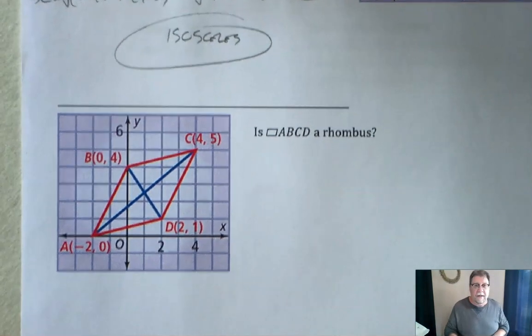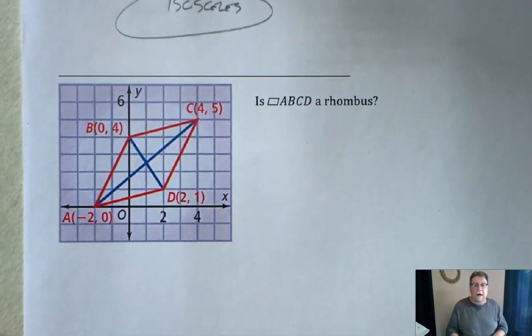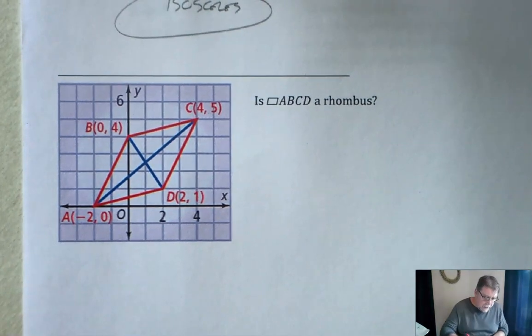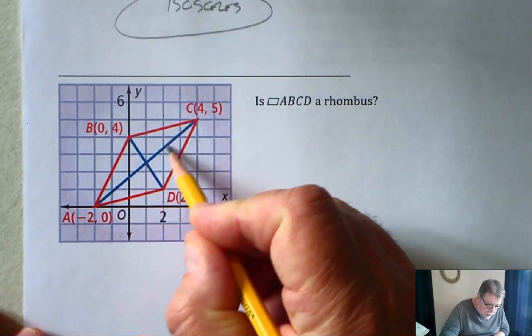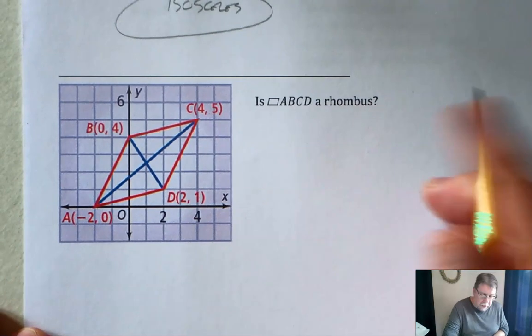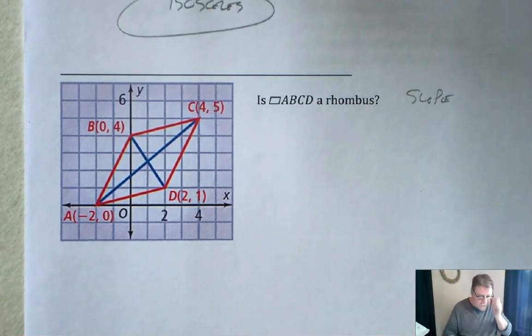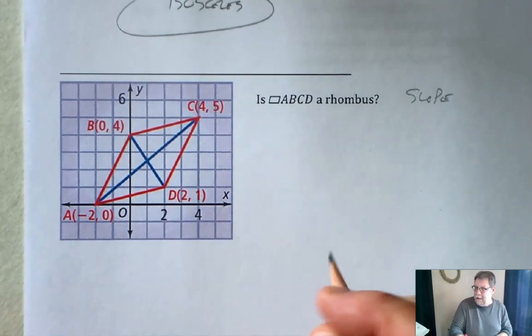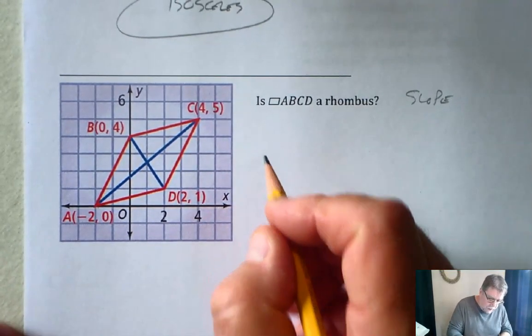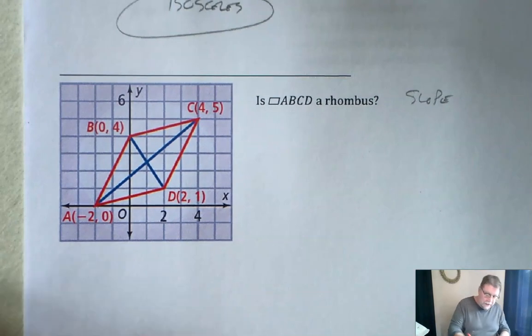Next question. Is this a rhombus? Now, to do this, we want to check and see if the diagonals are perpendicular. So we're going to use slope to figure out if they're perpendicular. So let's go ahead and find out what the slope of AC is.